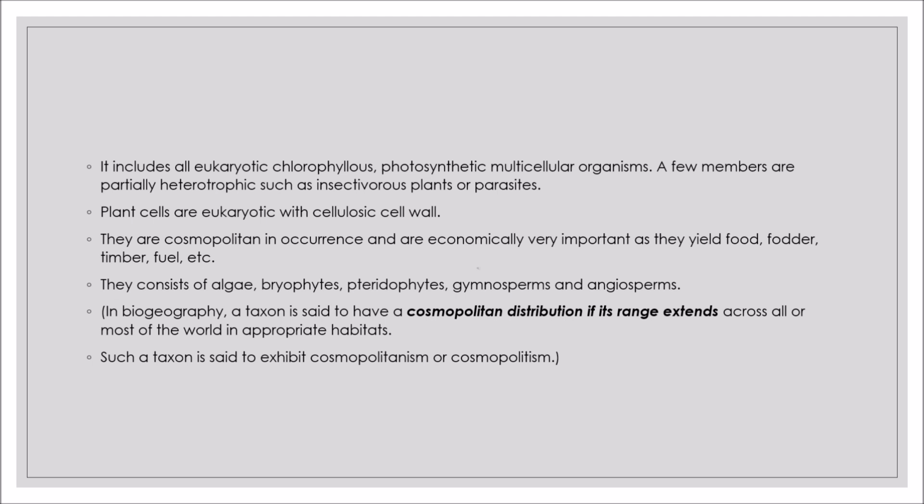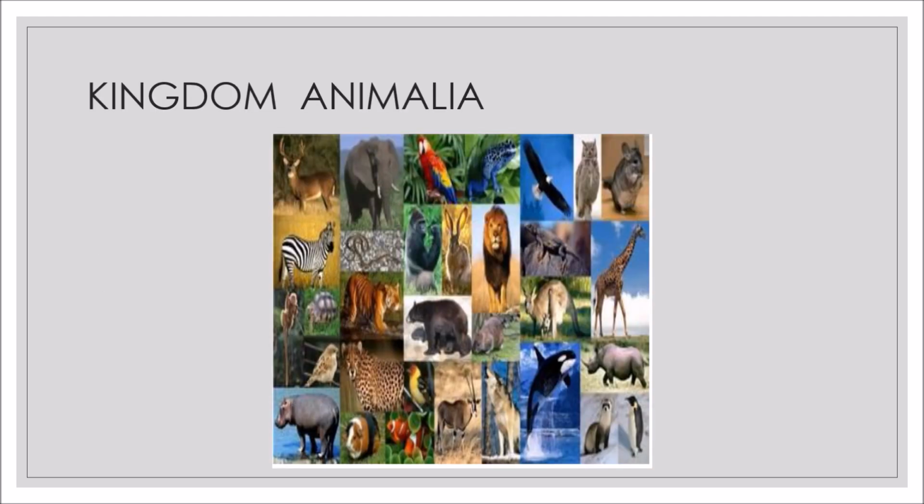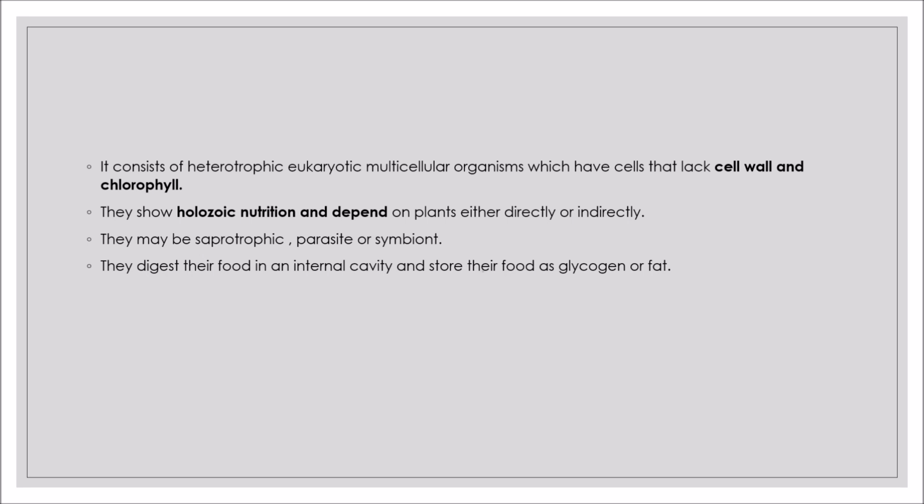And the last kingdom is kingdom Animalia. This kingdom consists of heterotrophic organisms. Heterotrophic means, as you already know, it depends on other organisms for nutrition. So heterotrophic eukaryotic multicellular organisms come under the kingdom Animalia.